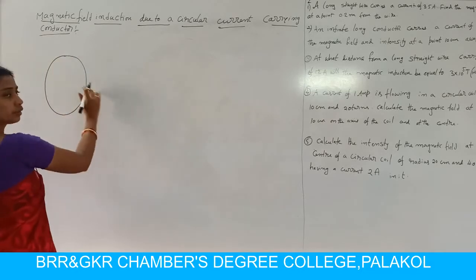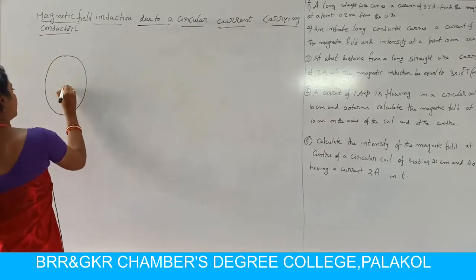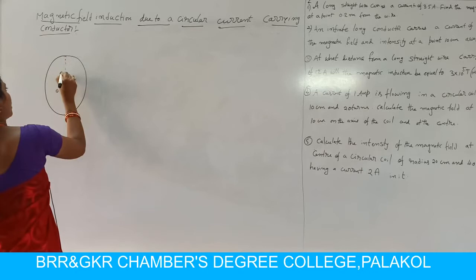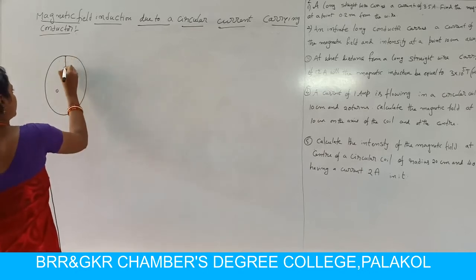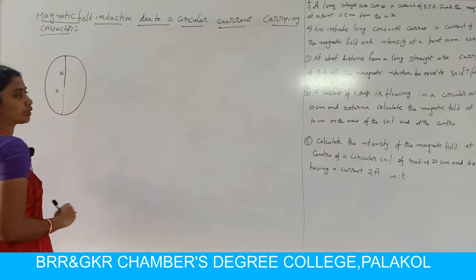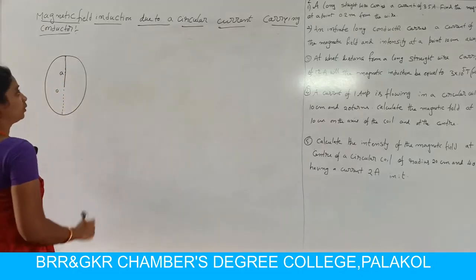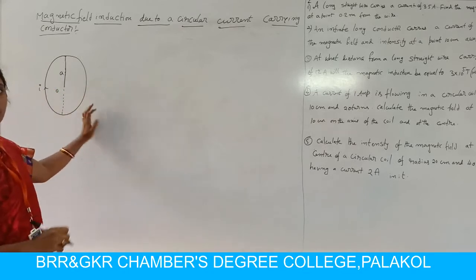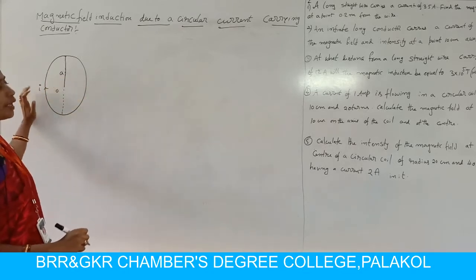Here this is the circular loop with center O, and the radius of this circular conductor is treated as small a. A current I is flowing through this circular loop or circular current carrying conductor.